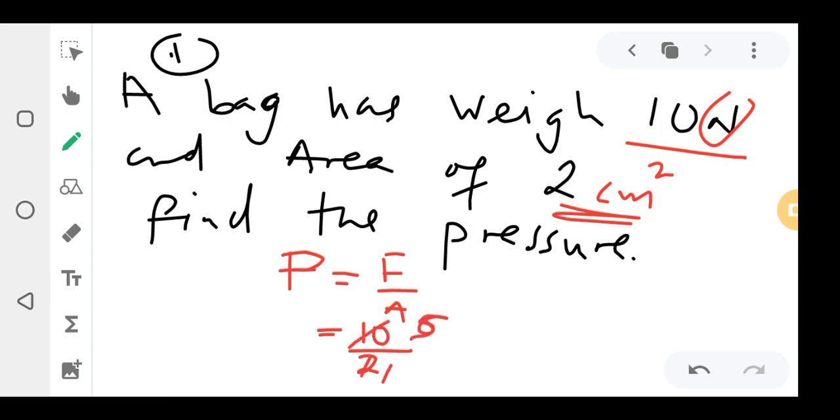My actual answer is 5 newton per centimeter squared, because they are centimeters. I hope you have understood. Okay, that's how you do it.